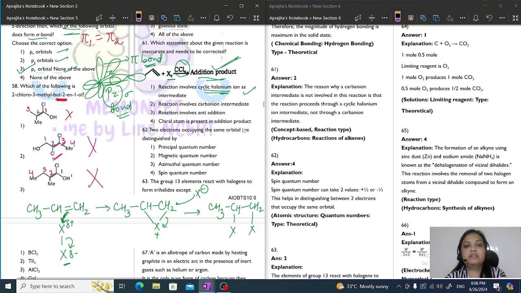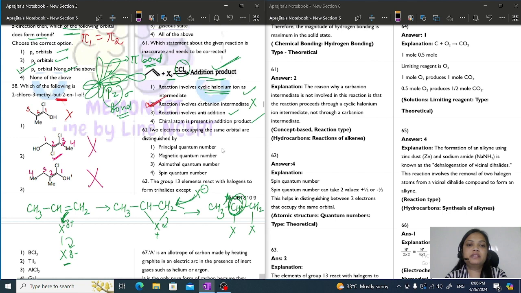Carbocation intermediate, we cannot see any carbocation intermediate here, so it's wrong. Reaction involves anti-addition. Yes, anti-addition means it's coming from the back side. And chiral atom, yes, this one is our chiral atom in the product. Chiral atom means which is attached to 4 different groups. This is also correct. So we need to find out the incorrect statement. The incorrect statement is the second one. So our answer is option 2.